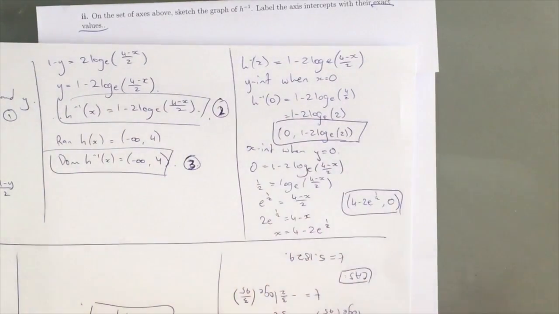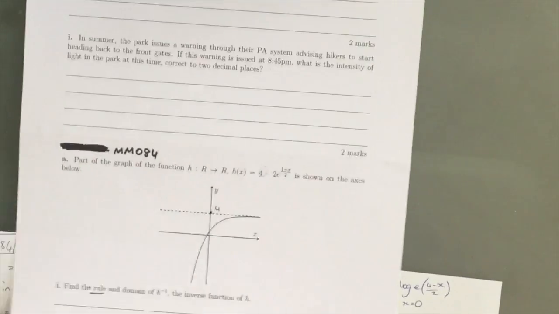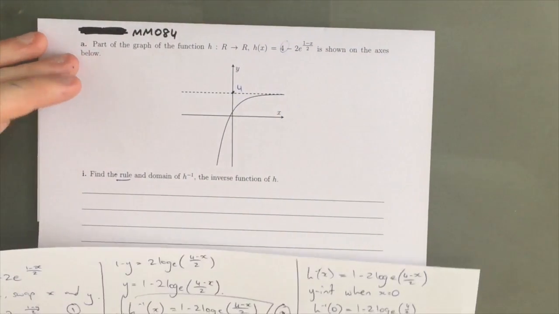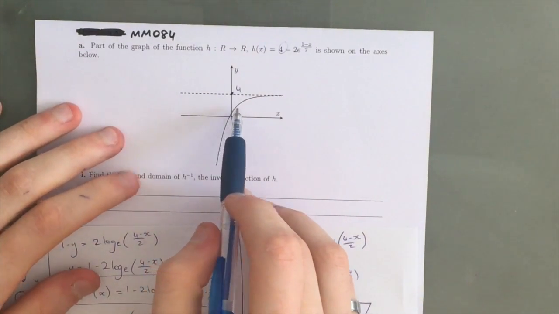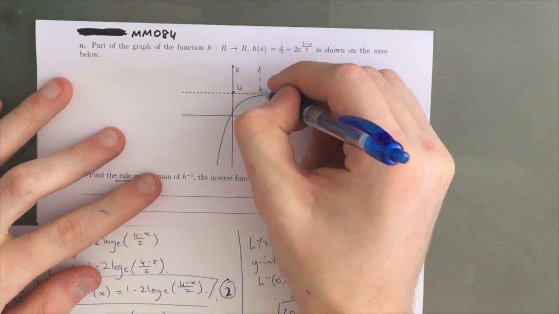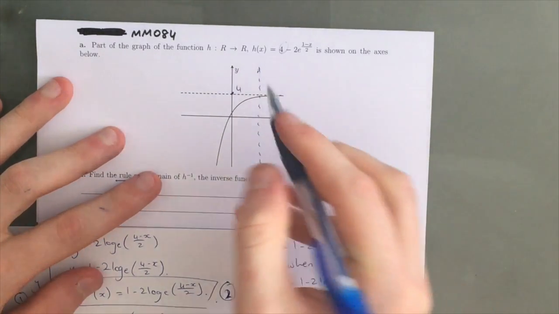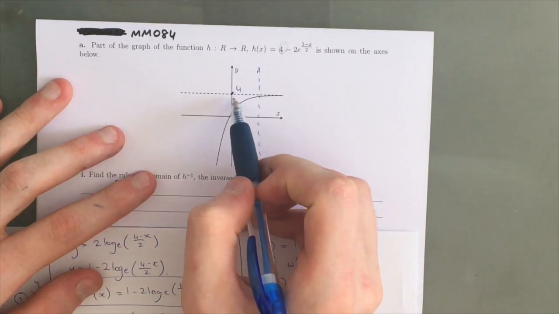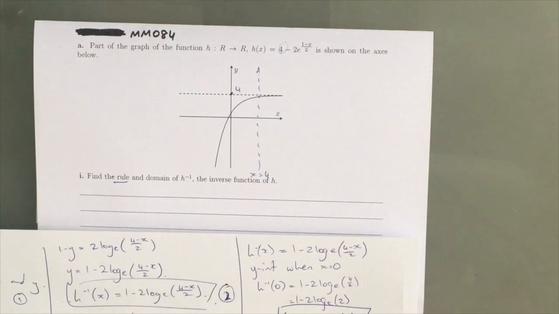So then what we need to do is actually sketch the graph. So let's go back to the axis. And because this is a log and it's the inverse of this graph here, we know that there's an asymptote at x equals positive 4 because there's an asymptote on the original of y equals positive 4.